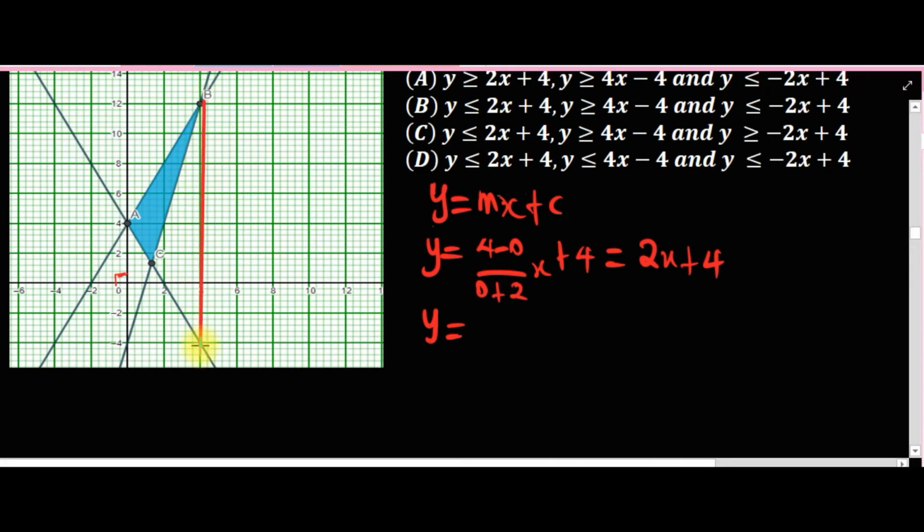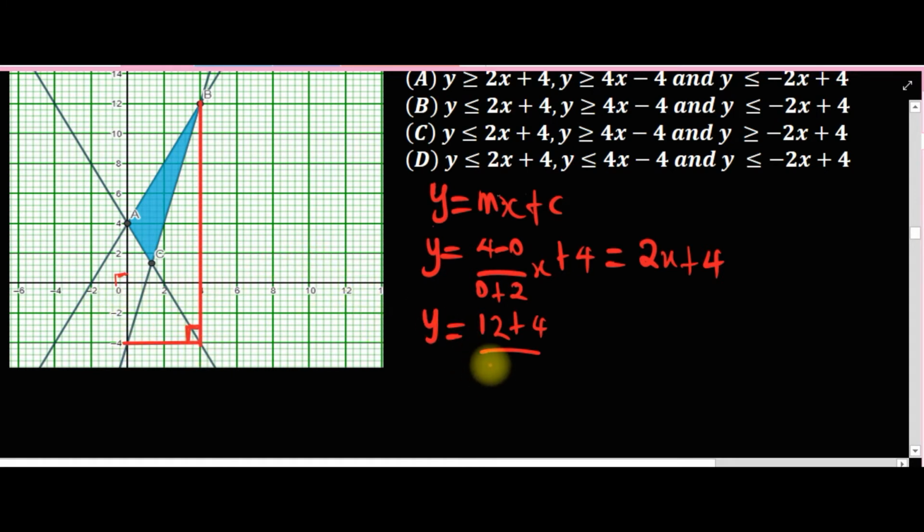The change in y is 12 plus 4 over the change in x, which is 4 minus 0.